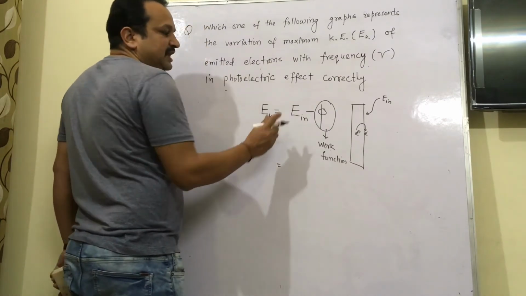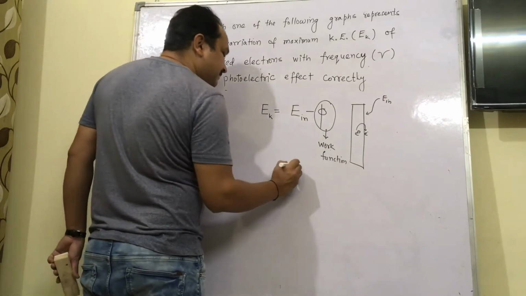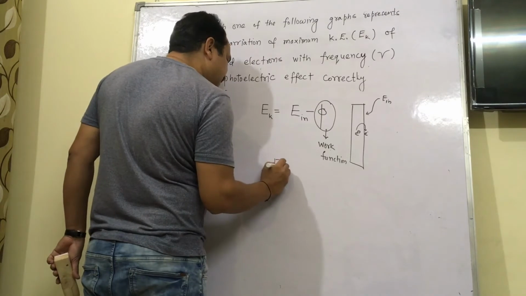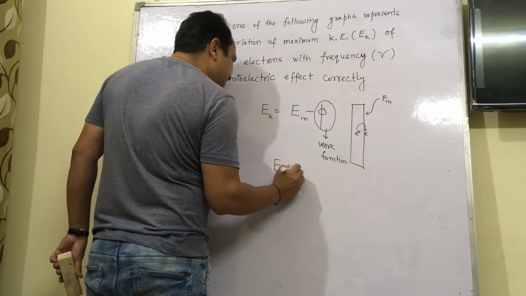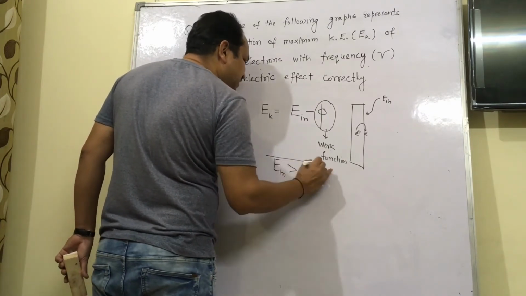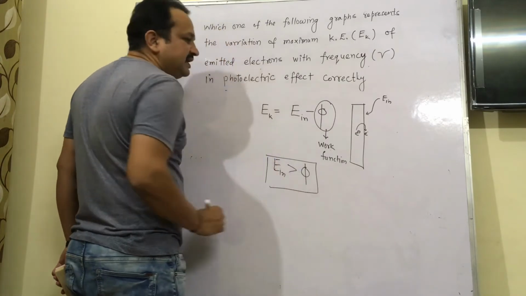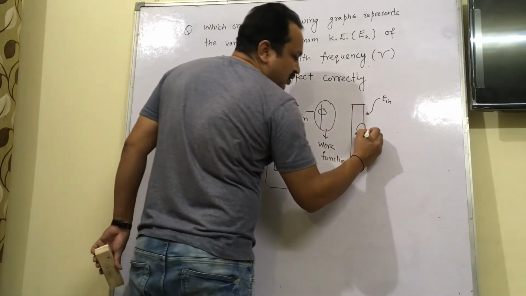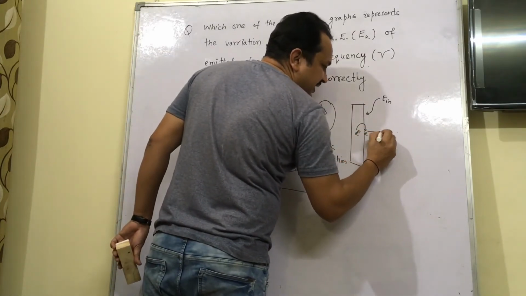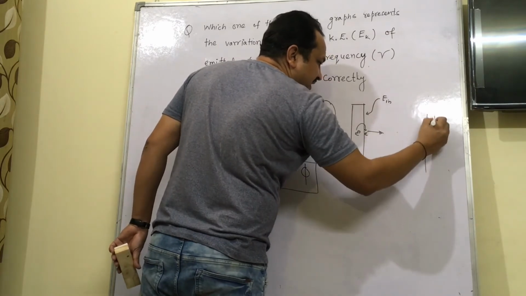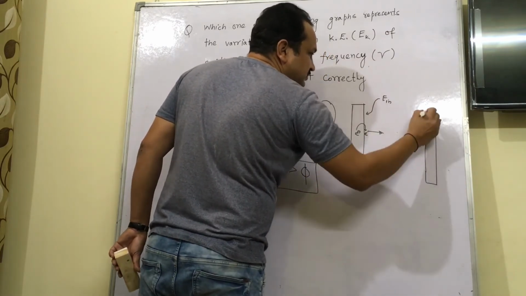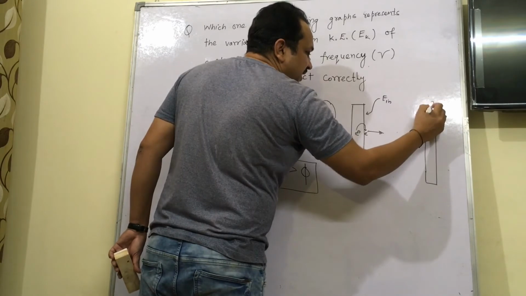So the incident energy must be greater than the work function. Only in that case the electron will get accelerated and it will come to the collector plate.